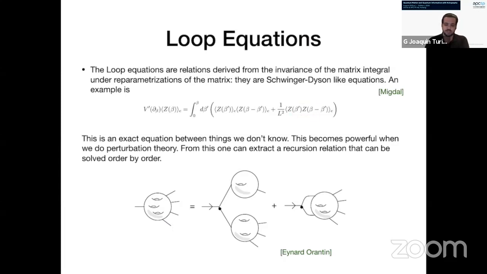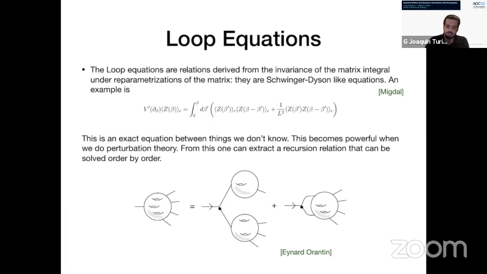Of course, this is a kind of useless equation until you do an expansion, in this case at large L or large e to the S naught. When you do an expansion, because of large L factorization, it becomes useful, and it actually produces a recursion relation that you can solve.